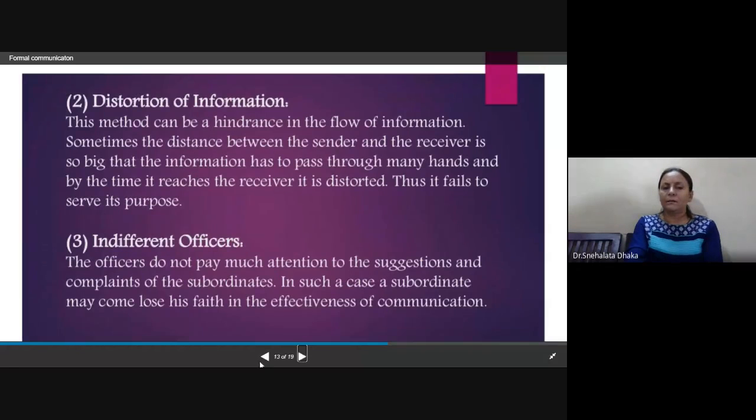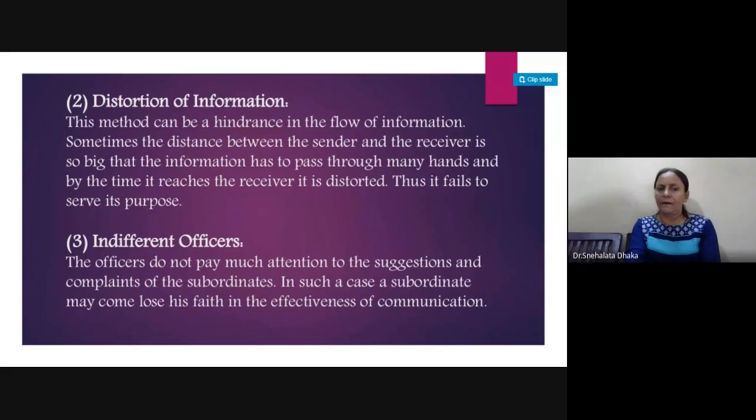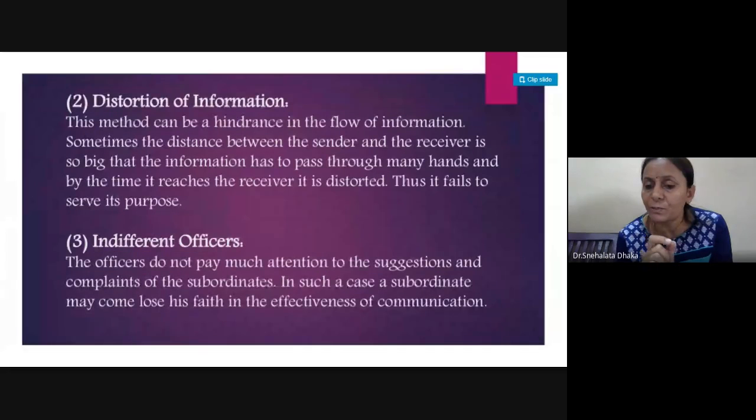Now this is a very important factor, of the category of limiting aspects of formal communication in different offices. See, if people are indifferent, that is, ignorant, towards their formal obligations, their duties, their responsibilities in formal communication, then also there is a lot of problem in this type of communication.